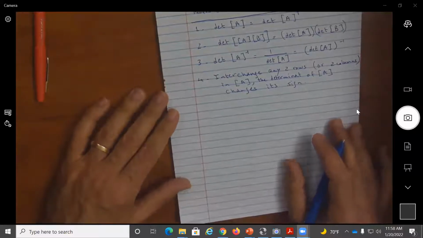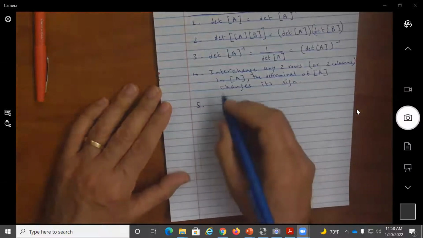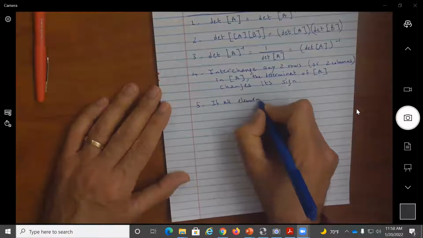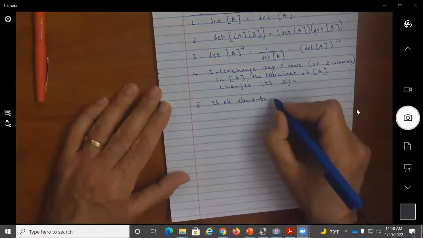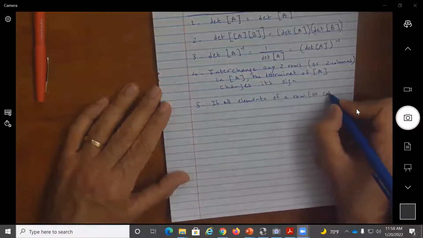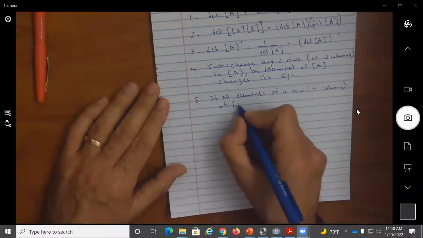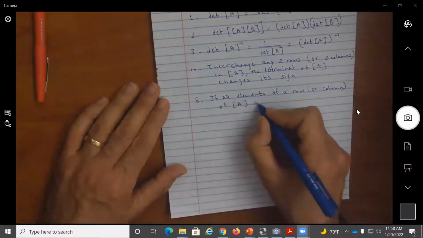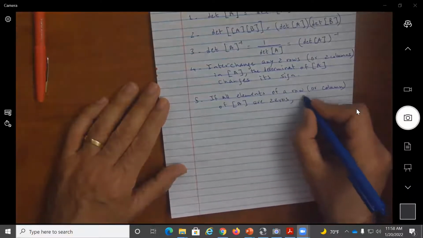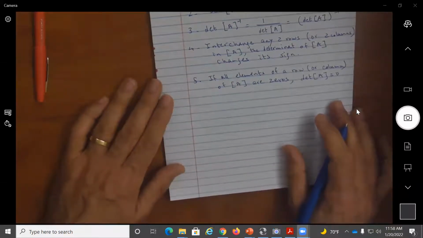Number 5, if all elements of a row or a column of a matrix A are zeros, then the determinant of A is going to be equal to 0.